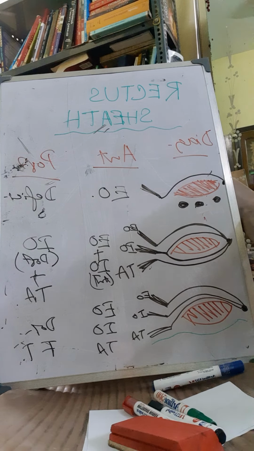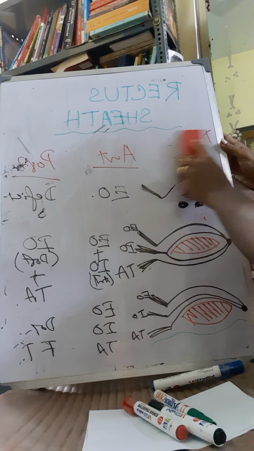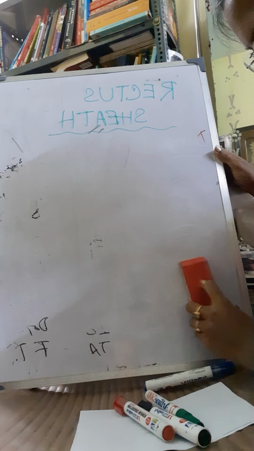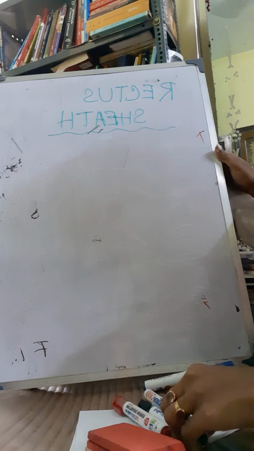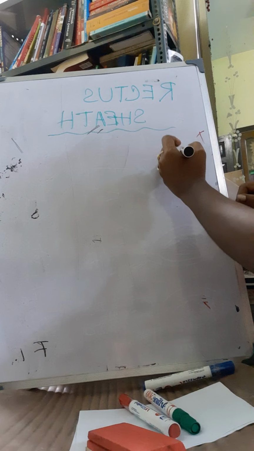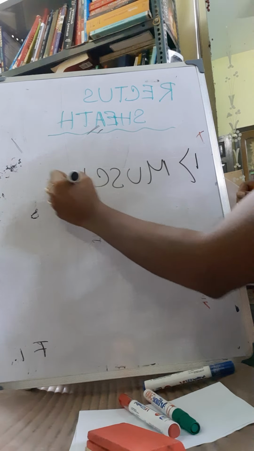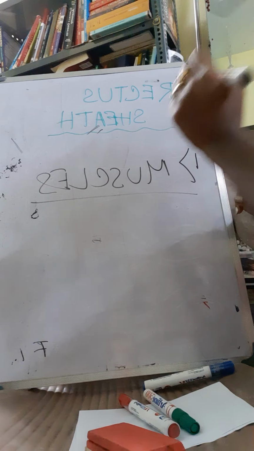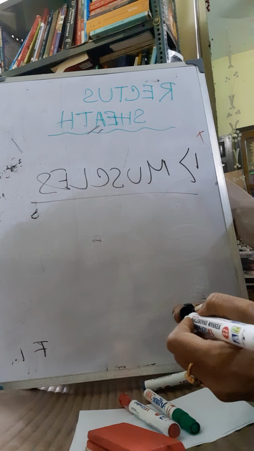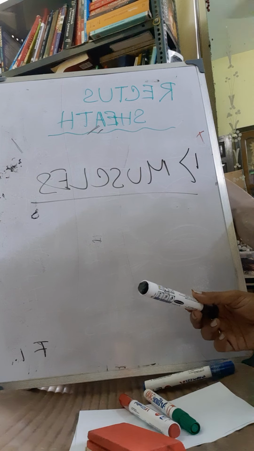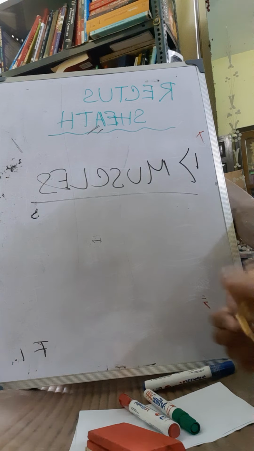Now, contents of rectus sheath. Just a minute, the formation I have already done. Next are the contents. Number 1, muscles. If we consider muscles, then what are the muscles present? Number 1, the rectus abdominis muscle, and number 2, pyramidalis muscle.